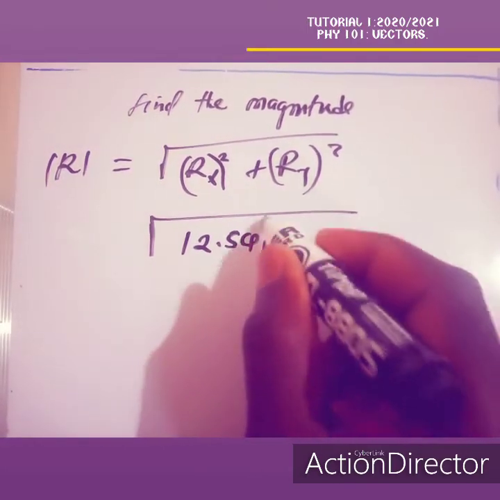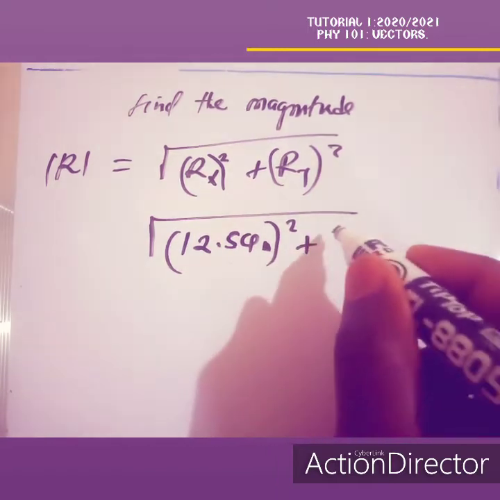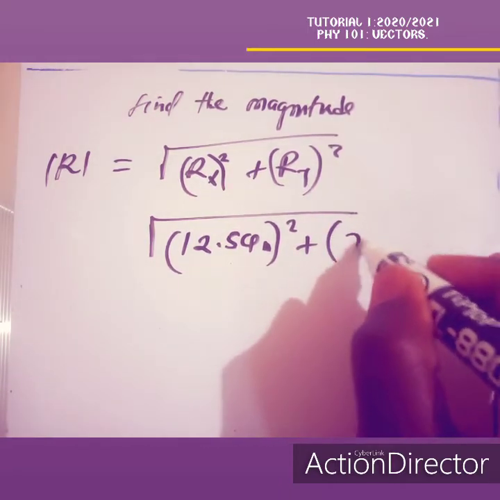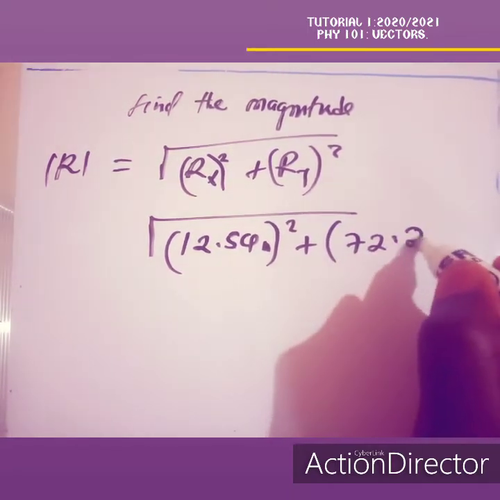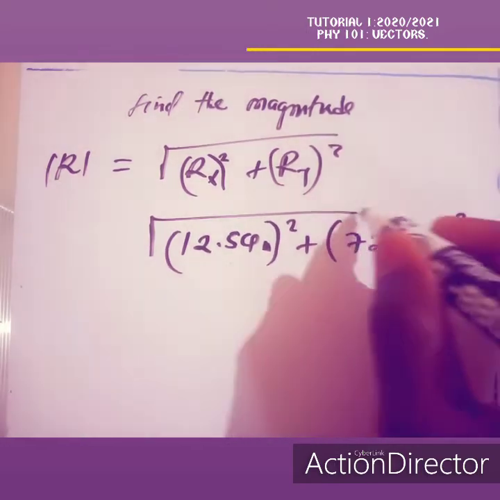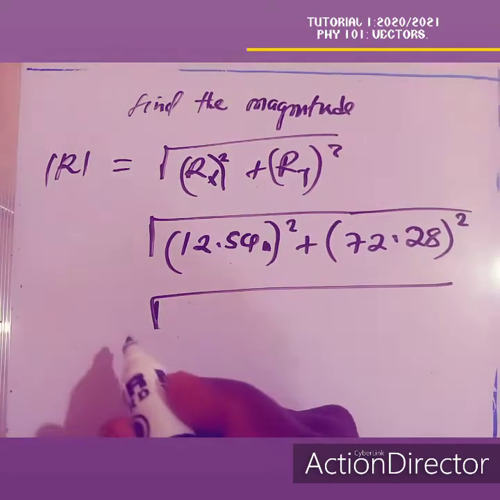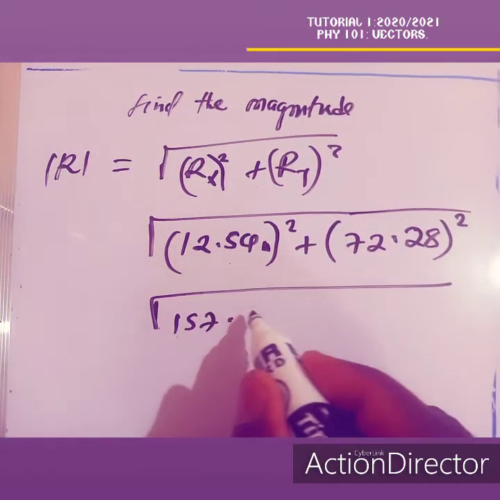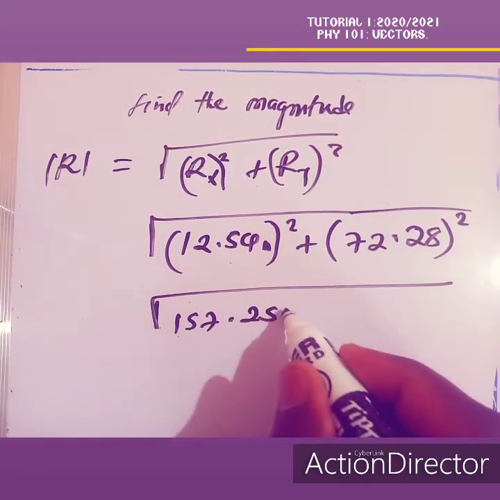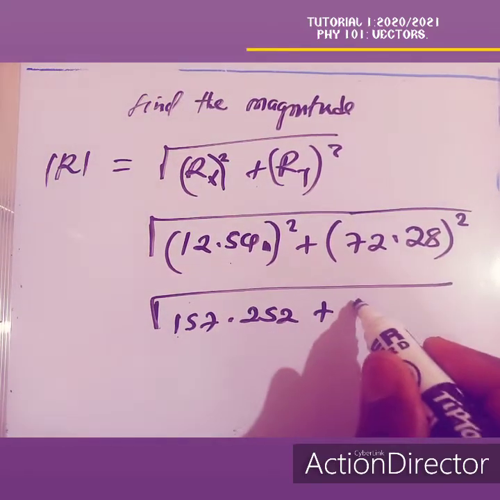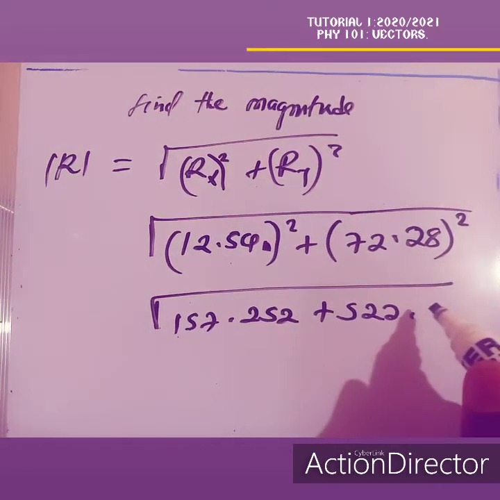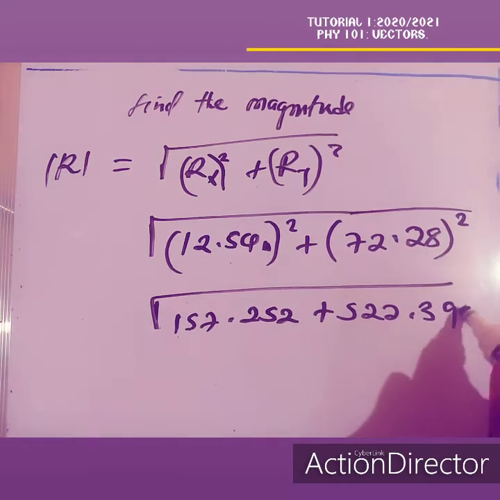So in this case, our resultant in the x-axis was 12.54 meters, squared, plus 72.28 squared meters. So that will give us 157.252 plus 522.398.